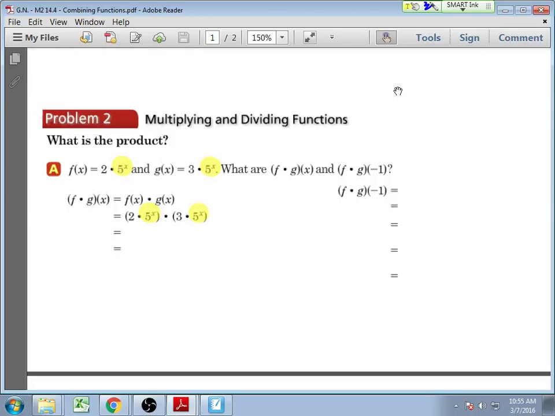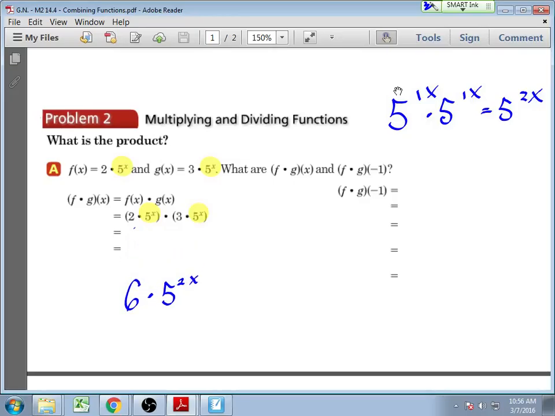All I have to do is deal with the fact that I have a number to a power and the same number to the same power. So think of it real easily. What if you had 5 to the first times 5 to the first? You get 5 to the second, right? So if you have 5 to the 1x and 5 to the 1x, you just get 5 to the 2x. And then I can take my 2 and my 3 and just say, well, this is really 6 times 5 to the 2x.